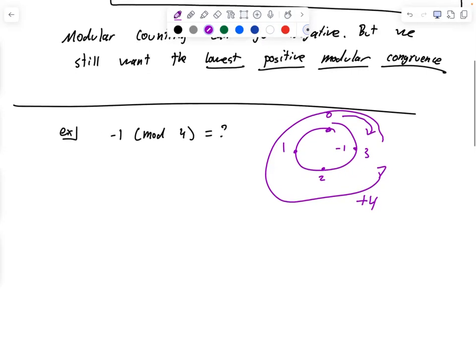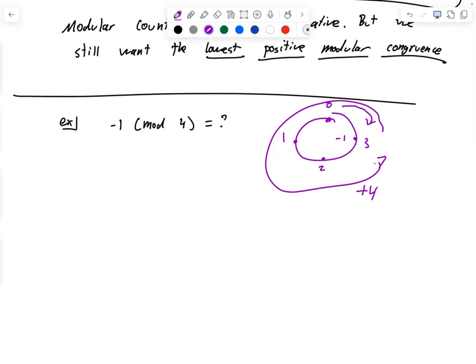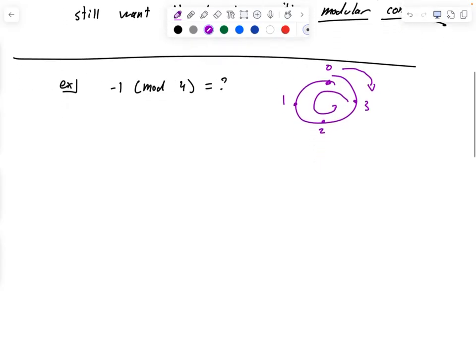So we can add 4. And then that gives us 3 mod 4, which is our answer.